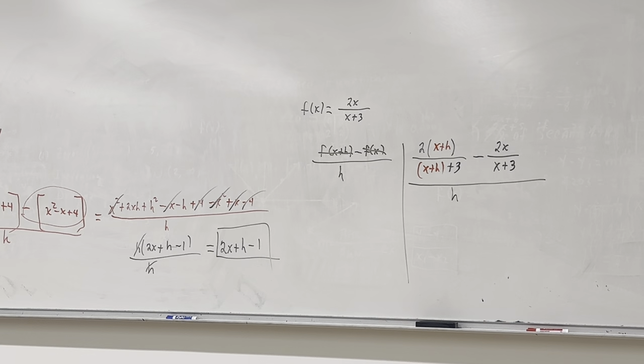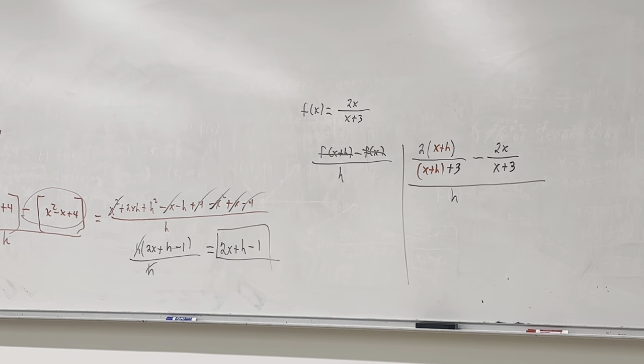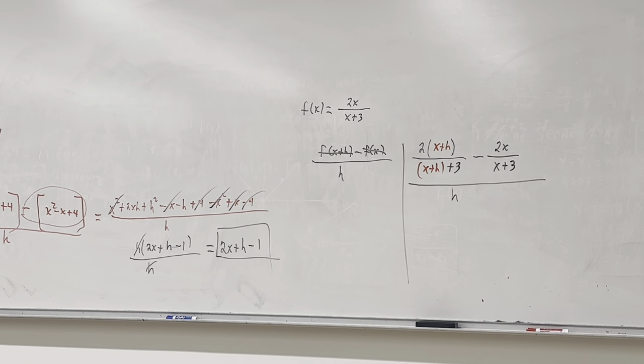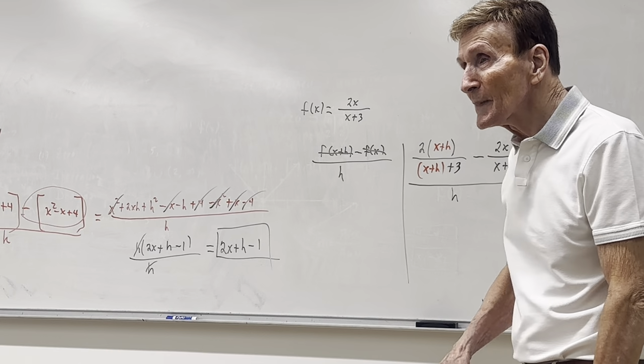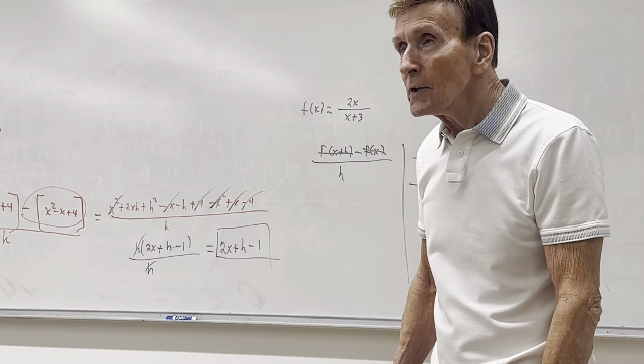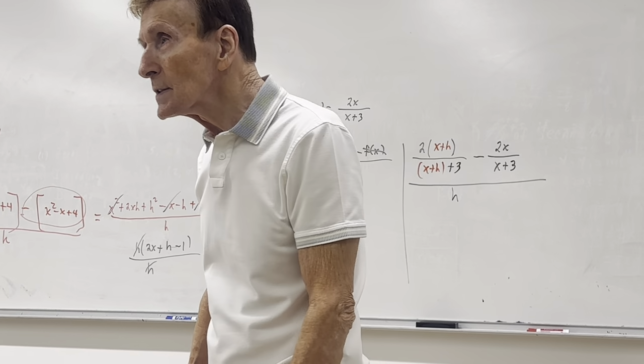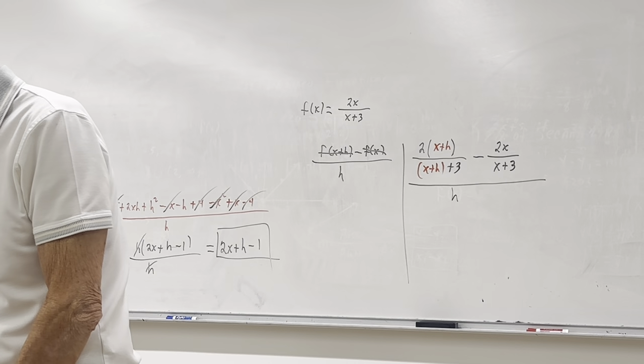Does anyone know what, even though I'm not going to finish it up for you, is required to make this one a little bit tougher to simplify than my other two examples? What must one do now on this one? Go for it. Common denominator. You gotta combine those two fractions on top with a common denominator.